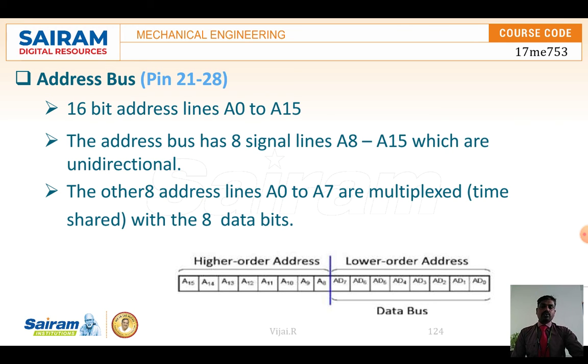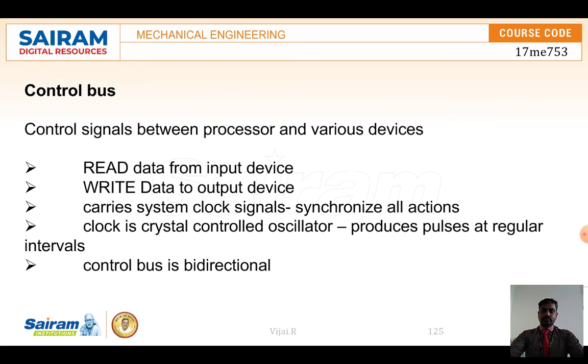Here the control bus is the one which controls the read and write inputs of the devices. Like a clock signal, it controls what is to be done, the actions to be processed. Either it may be read data or write data, and it is taken care of. So the address bus will carry only the address, and the data bus will carry the data information.